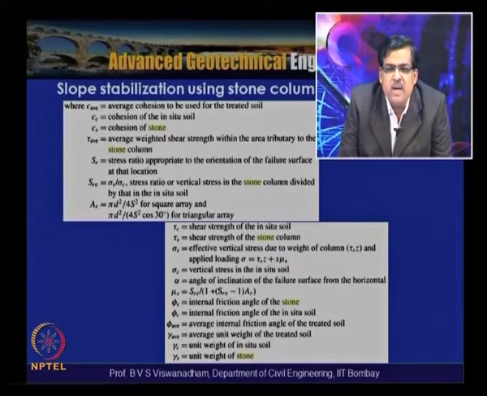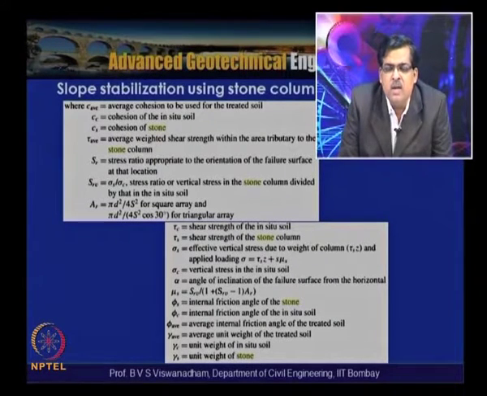Tau average is the average weighted shear strength within the area tributary to the stone column, that is within the unit cell, and SR is the stress ratio, also indicated as small n, appropriate to the orientation of the failure surface at the location, and SRV is the ratio of sigma S to sigma C, the vertical stress in the stone column divided by that in the in situ soil.